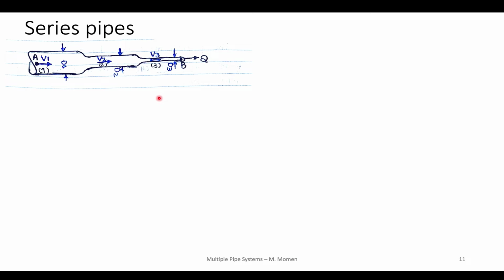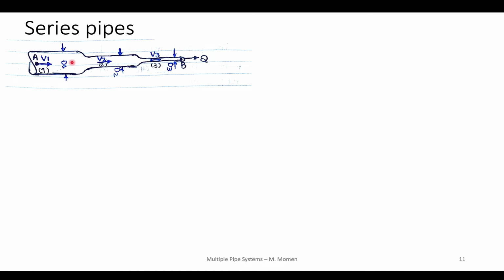Okay, so first let's start with series pipes and see what the governing equations for those are and how we can tackle this type of problem. Here is an example of a series pipe. Series pipes are pipes that are connected to each other in series, one after another.